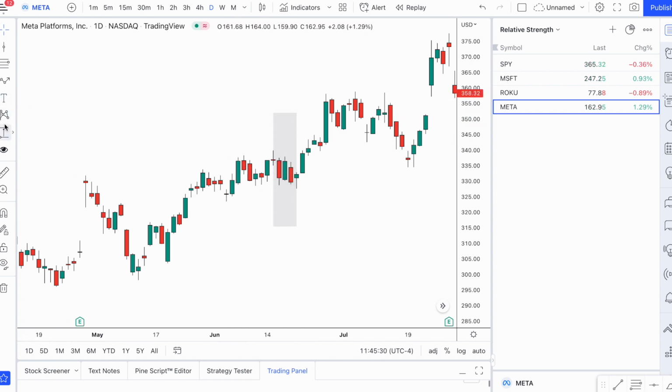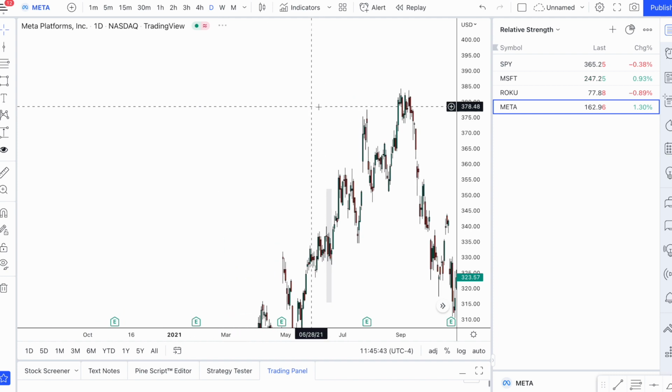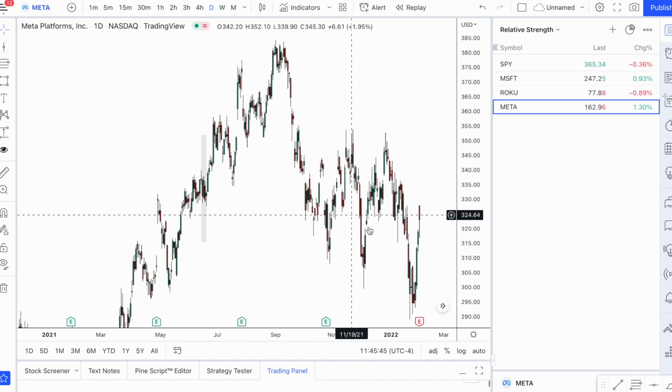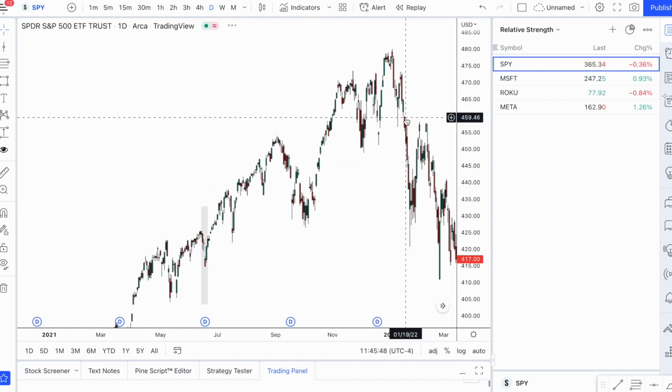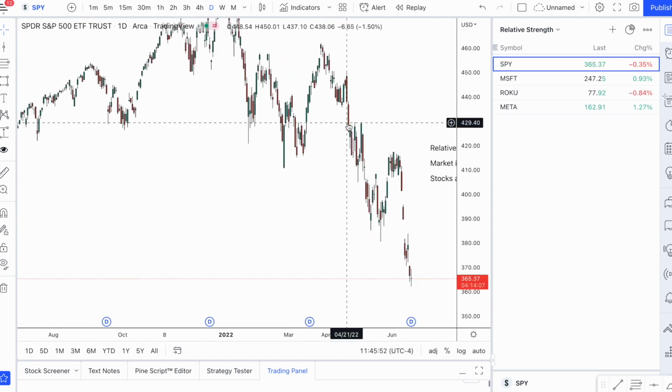We're still held within this entire range right here, right? We never made any substantial move lower. We never made a lower low, right? Never broke this low down here, anything like that. And ever since then, Meta rallied and has been going up until the eventual bear market that we're in right now with SPY, right? So these are opportunities that you can use in your trading.